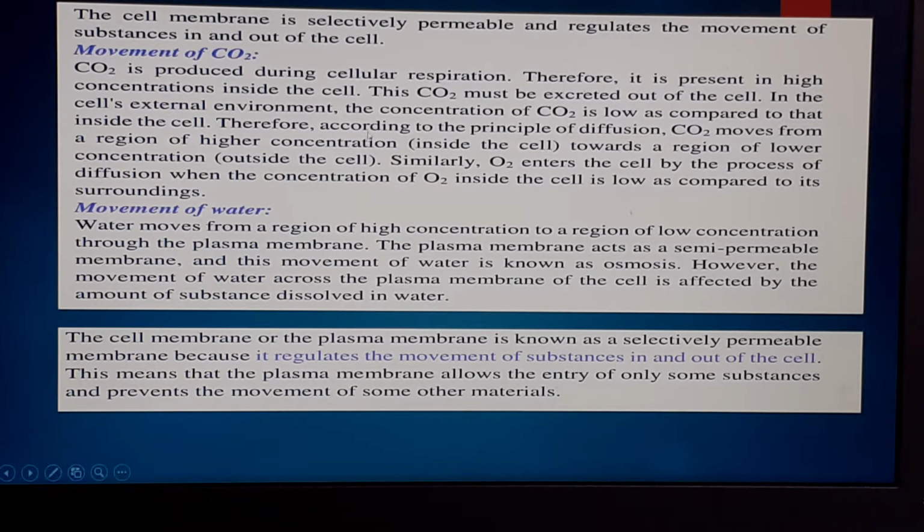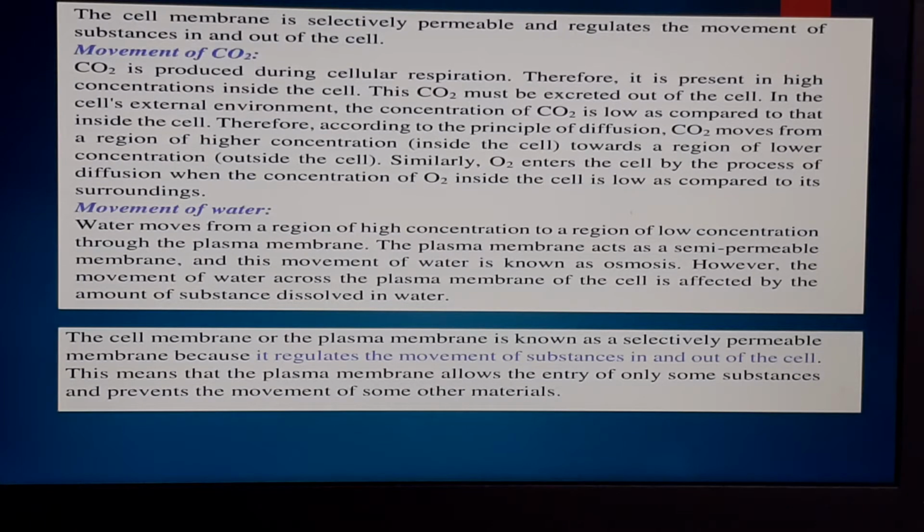See here, the movement of carbon dioxide. Carbon dioxide is produced during cellular respiration. We know that during respiration, we inhale oxygen and exhale carbon dioxide. The inhaled oxygen goes inside, the cell absorbs it and carries on the process, and carbon dioxide is produced there.